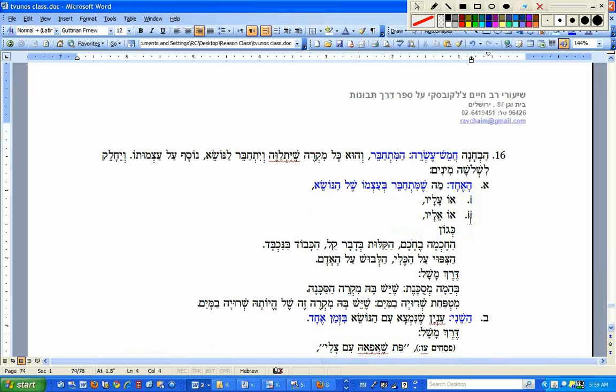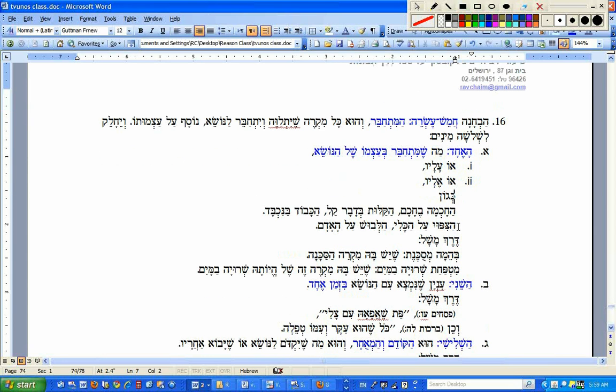Ha'echad, ma shemischaber ba'atzmo shel hanose, things which are attached to the subject itself, two ways. O elav, o elav, or on it or to it. Let's see what that means. Kagon, hachachma b'chacham, hakalus b'davakal, v'hakavod b'nichbad.